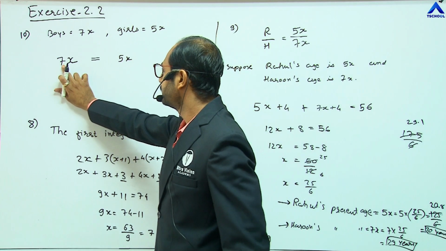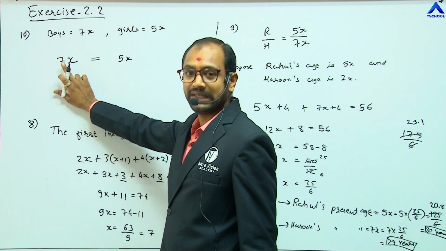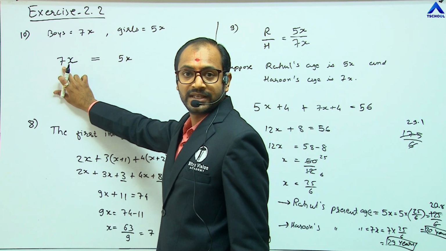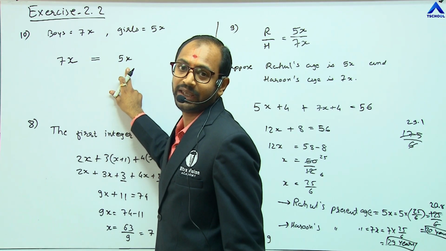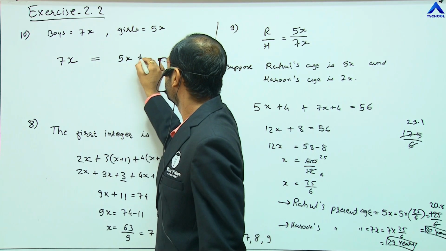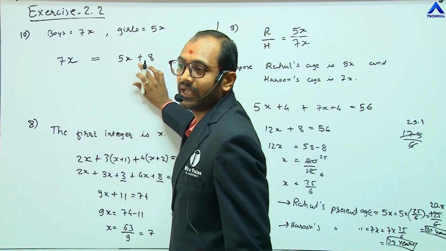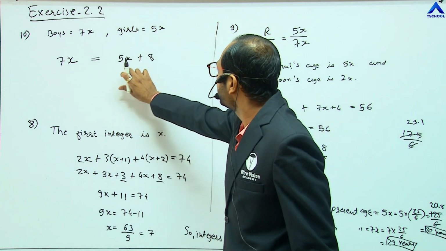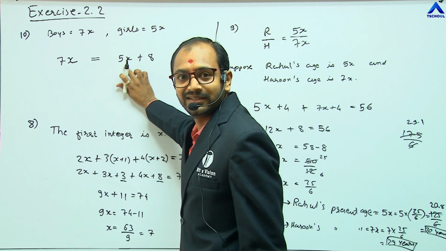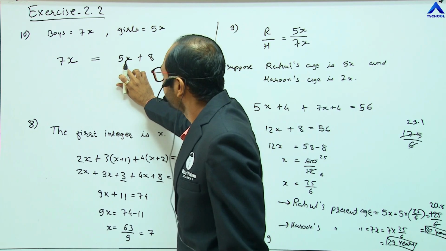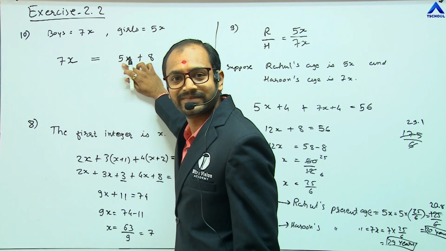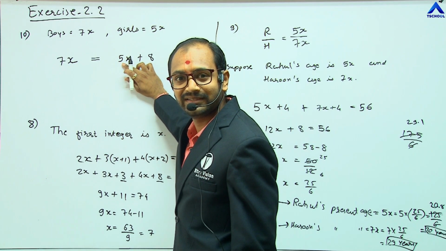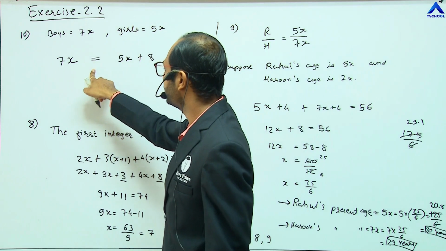That means the number of boys is 8 more. So how can we equate these two? If I add 8 to the girls' number, then the number of boys is equal to the number of girls. Is it clear?